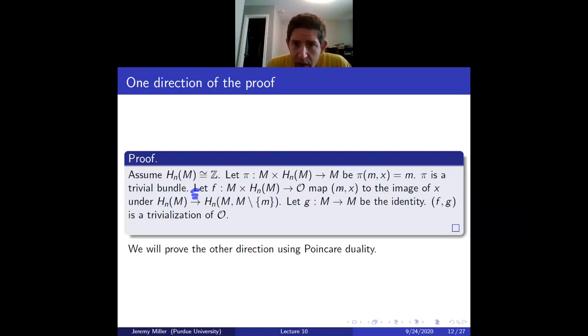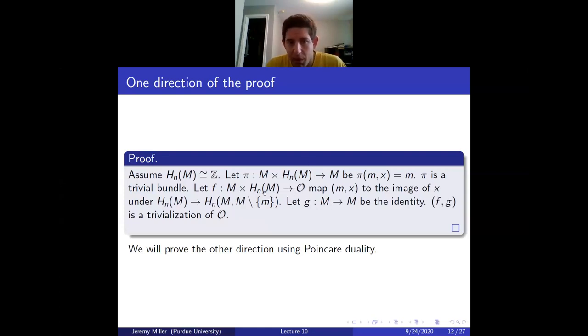You send (M, x) to this group, which is the fiber over x in the orientation bundle, so it includes into the orientation bundle.